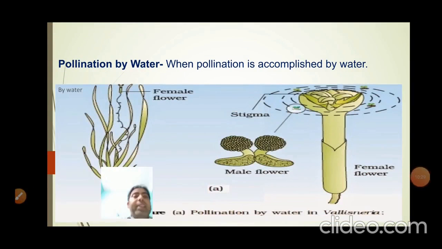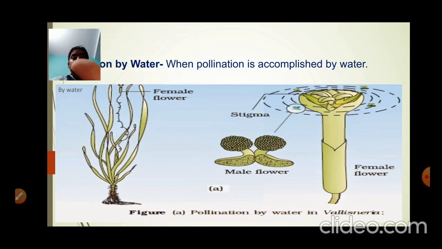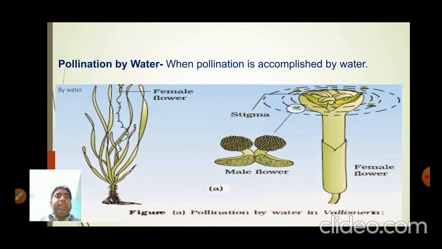Now, another is pollination by water. When pollination is accomplished by water, it mainly occurs in Vallisneria. I have given the example here, you can see. Pollination in aquatic plants is generally done by water.